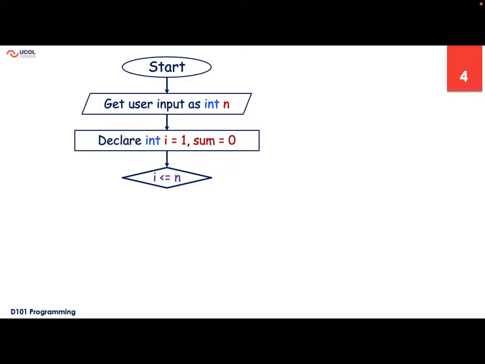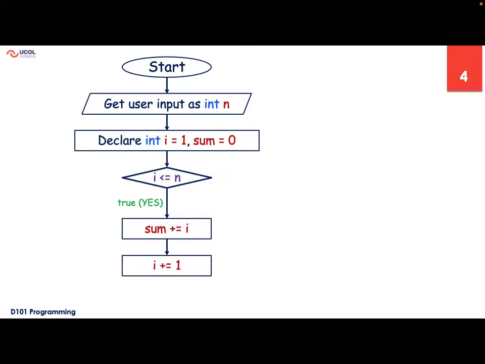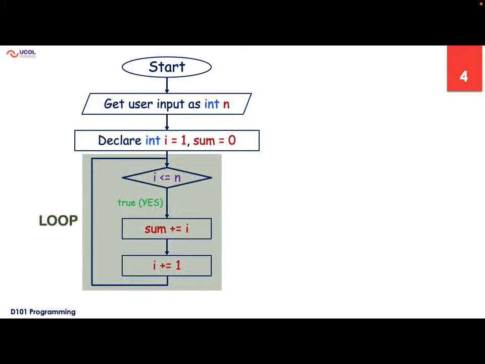If yes, it is less than or equal to the value of n, then we say sum plus equal to i, and after that we increase the value of i by 1, and then we come back to this particular condition again and check. If it is true, we continue in that circle. Check the condition, condition is true, add the value of i to the sum, add 1 to i, and then go back and check that condition again.